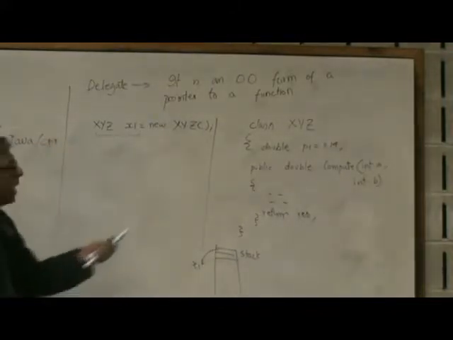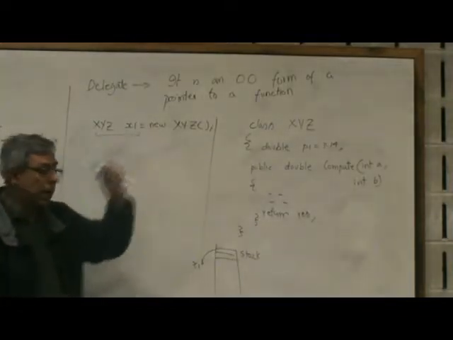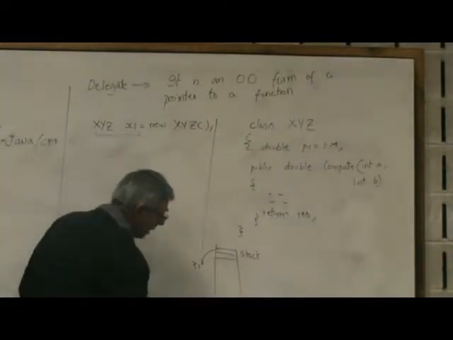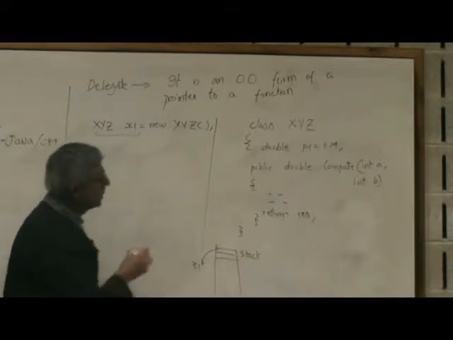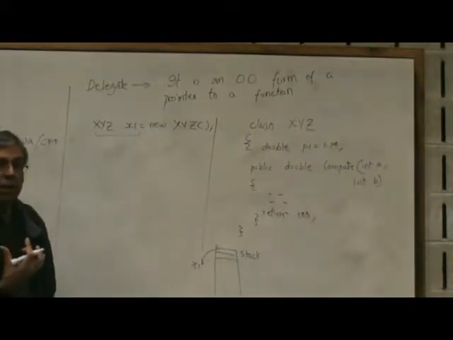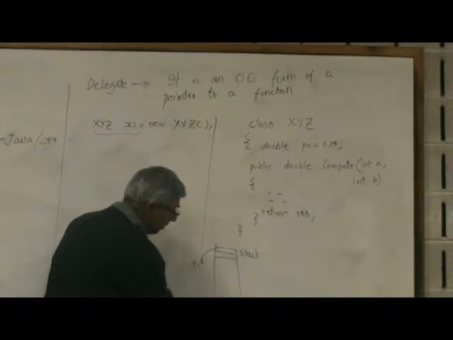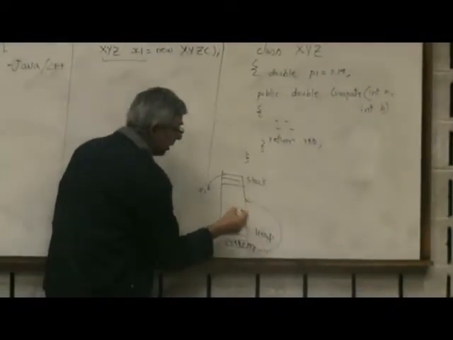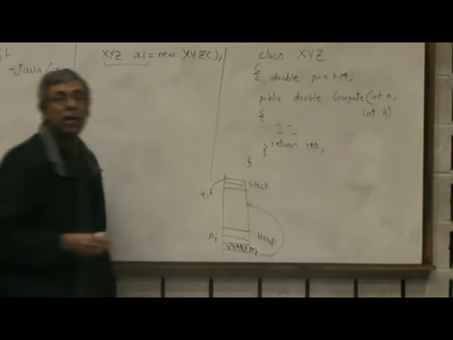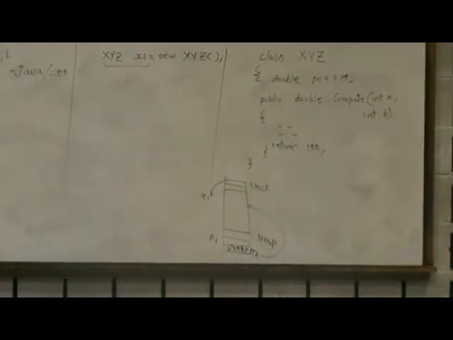The only field we have is pi. So we'll allocate memory for pi. What else? Does it allocate some more memory in the heap? If you recall, it will also allocate memory for vtable pointer, which will further point to the vtable, which will further point to the type info, right?